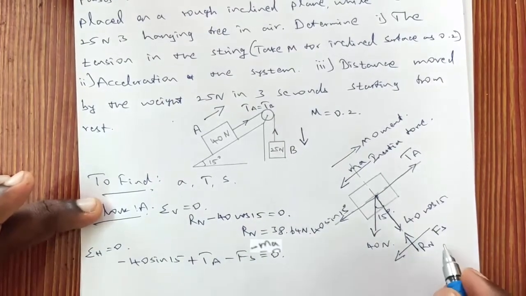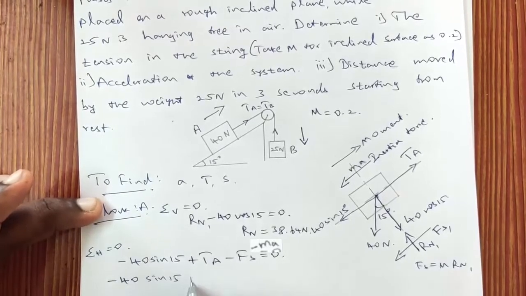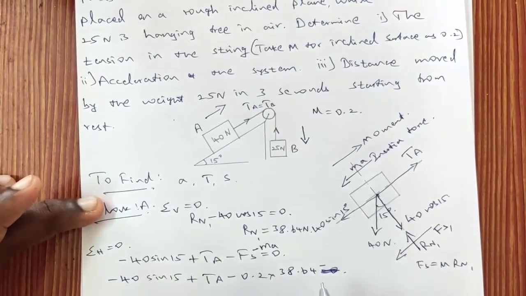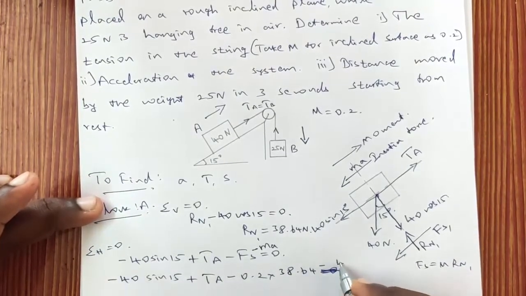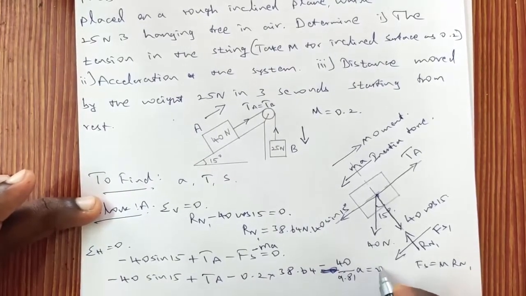We know that Fs is equal to mu into Rn1. Let us consider this as Rn1 and Fs1. Okay. So we'll substitute that. It is minus 40 sin 15 plus TA minus 0.2 into 38.64 minus, here the weight is given in Newton, so the mass is 40 divided by 9.81, into A is equal to 0.